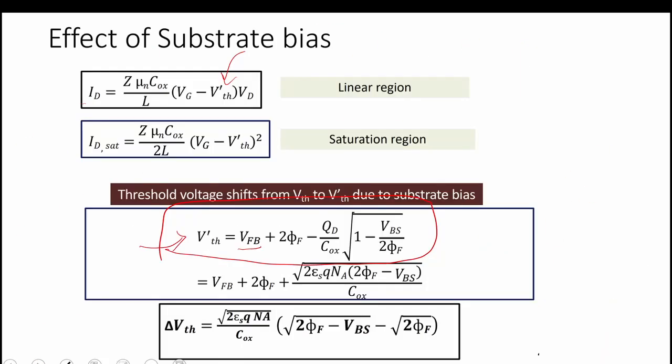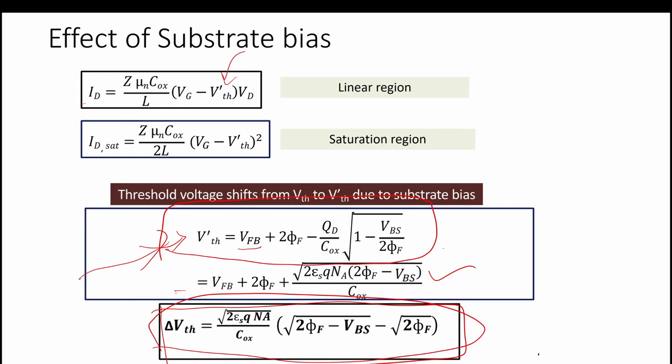After solving this equation, we will come to Vth dash, and this is the final equation after the threshold voltage modification. So how much is the shift? After solving this equation, Vth dash minus Vth, we find the equation for delta Vth.